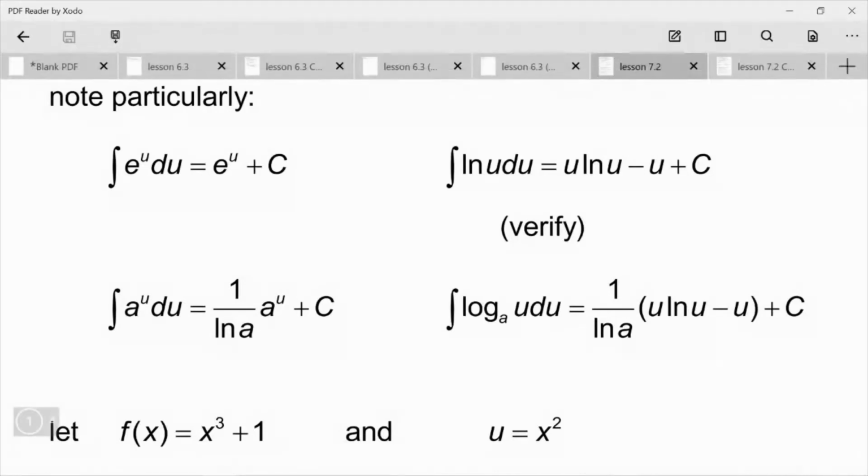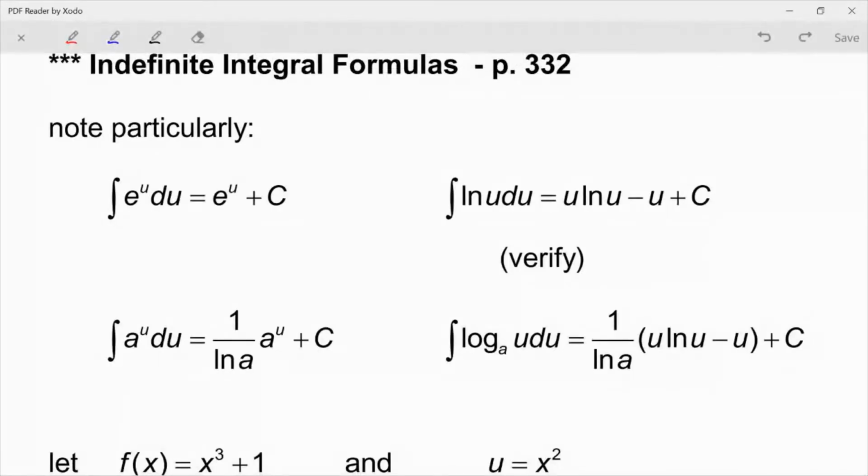That's one we're not really going to see very often, but there is an antiderivative rule for the natural log of u. The one that you might see once in a while, remember we have the derivative rule for if we take the derivative of a to the u power, so an exponential expression with base a, then we're going to get a to the u natural log of a. So we have an antiderivative rule for that as well.